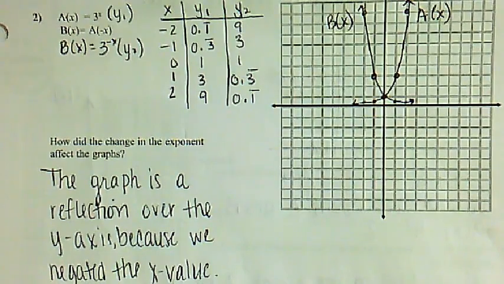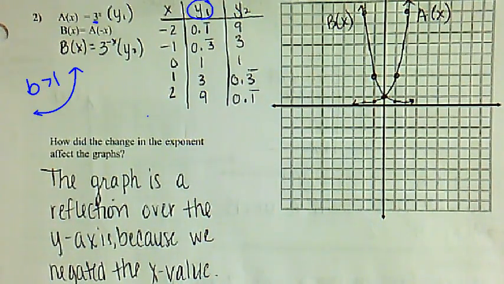So let me show you a few colors. Y1 is our A. Notice that if my base is a number greater than 1, a positive integer, then it is going to be a growth. So that's when b is greater than 1.